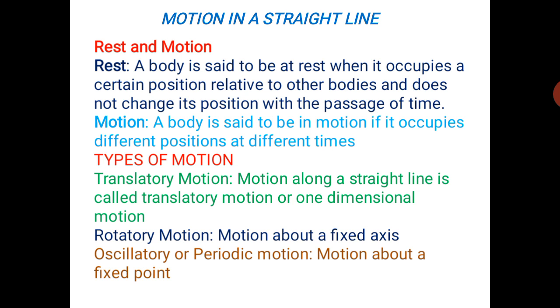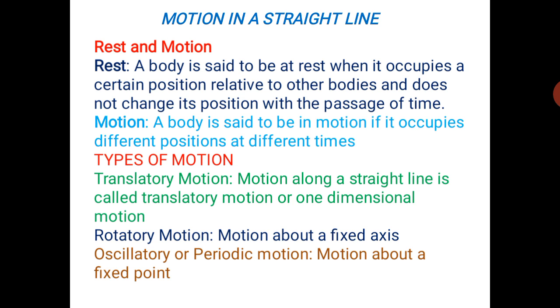And also you can take one more example for this oscillatory motion. You take one tuning fork. Okay. When the prongs of the tuning fork are disturbed, what happens?